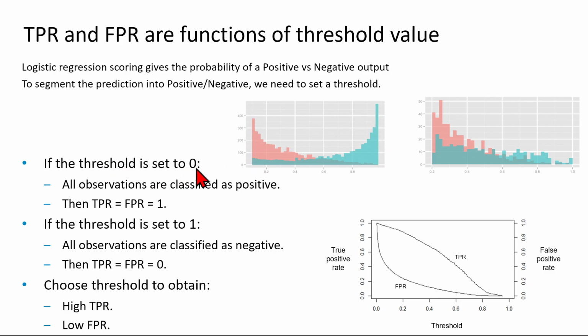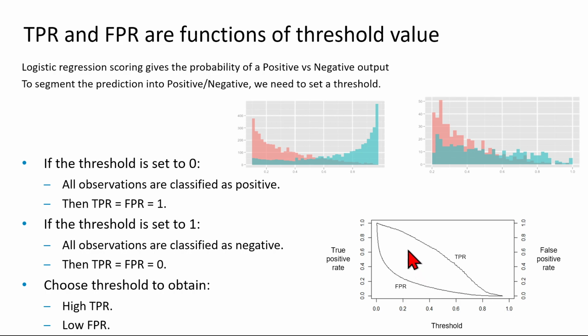If the threshold is set to 0, all the observations are classified as positive, and both the TPR and FPR will be 1. If the threshold is set to 1, all the observations are classified as negative, and the TPR and FPR will be 0.